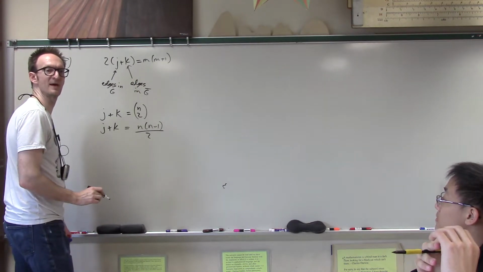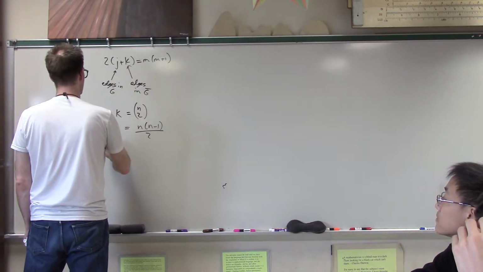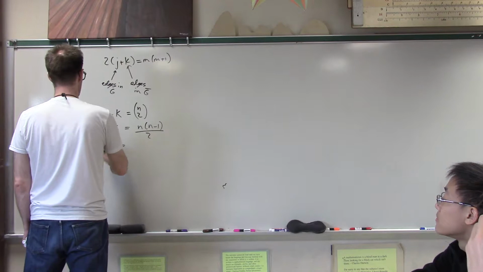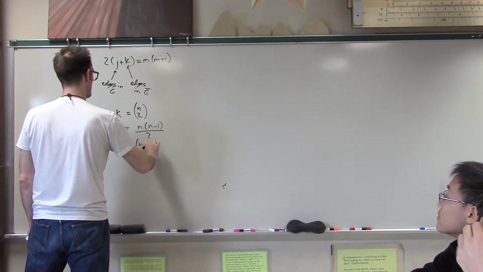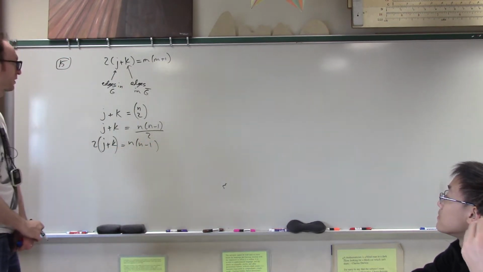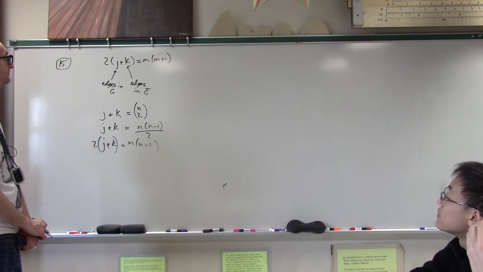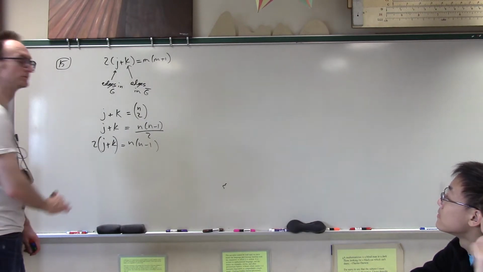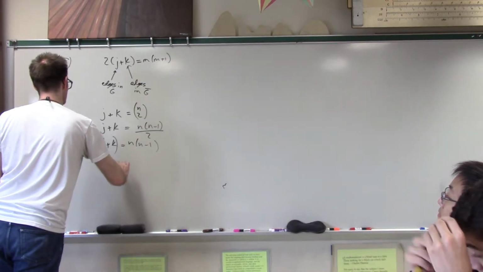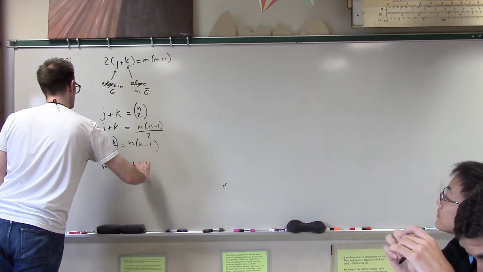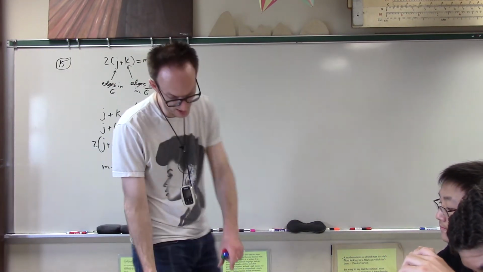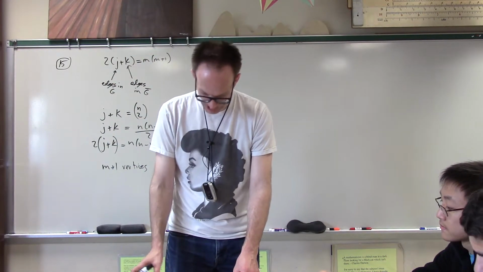Yeah. That's the whole problem. So J plus K times 2 is n minus 1. And so this works if n is m plus 1. So the answer is m plus 1. Alright, that was 15. Oh good, we're getting to the home stretch.